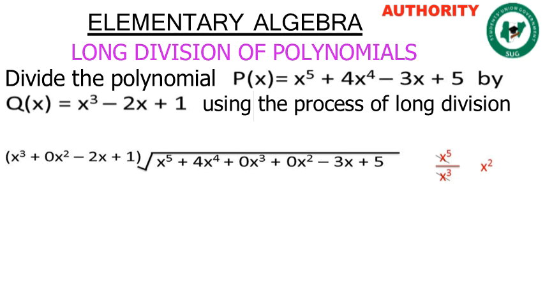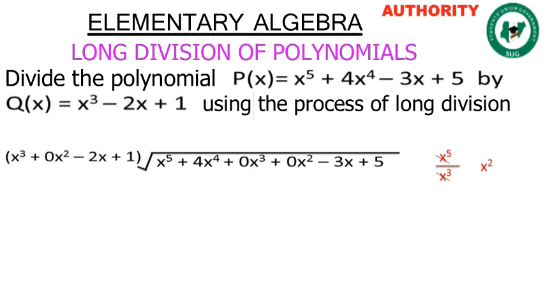Now cancel one x from numerator, one from denominator, one again from numerator, one again from denominator, and one again from numerator and denominator. So you discover that the denominator has finished. What is remaining is x squared. That is why we say that x raised to power 5 divided by x raised to power 3 will give you x raised to power 2. Is that clear? Yes. Now let's go.